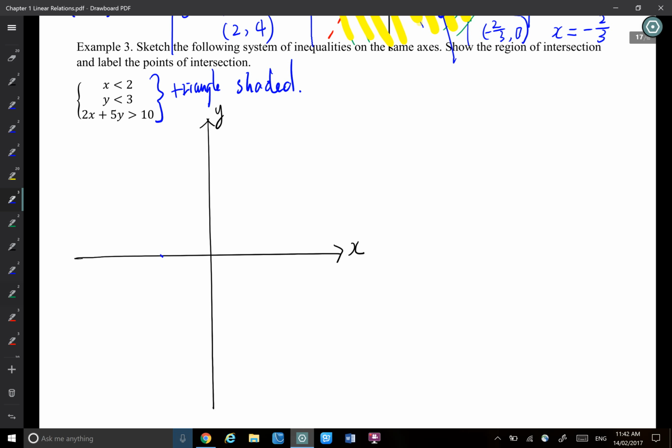Oh yeah, that's not right, wrong side. Thank you. So 2 is this side. So we have dashed lines. That's x equals 2, but we need to label this point. Just label it when you see the intercept. So that's 2, 0. And we have y smaller than 3. So where is y smaller than 3?